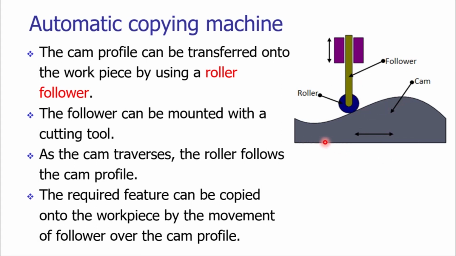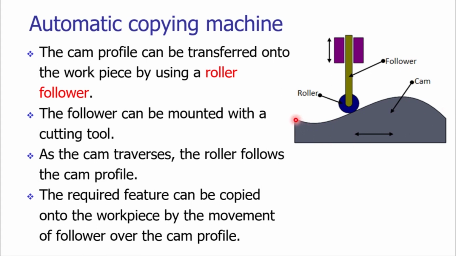As we translate the cam, the roller will move in an upward direction or it will even move in a downward direction based upon the shape of the cam profile itself. The translatory motion of the other end of the follower is in proportion with the profile of the cam.